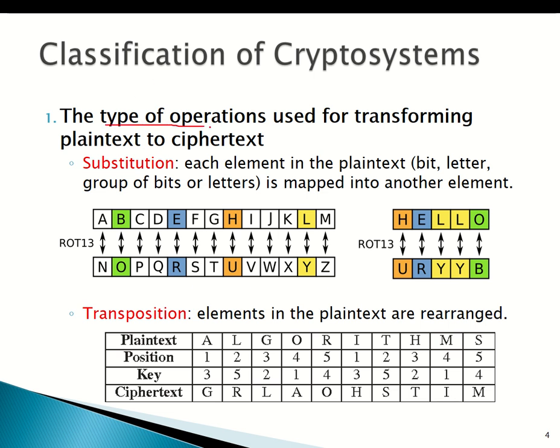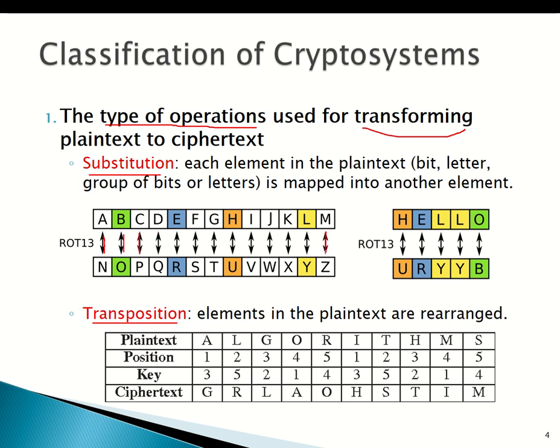We have two types of operation that can be used in a cryptosystem: substitution and transposition. Substitution, basically, each element in the text is mapped to another element. So let's say that we have letters: A is mapped to N, B is mapped to O, and C is mapped to P, and so on.